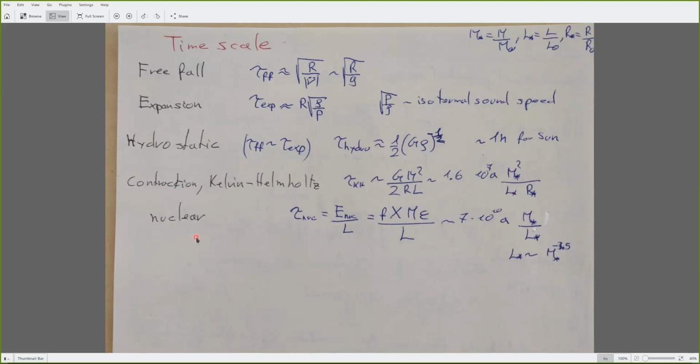The nuclear time scale is the one for which, with that reaction, we can produce the luminosity. So the nuclear luminosity, the energy produced by the nuclear reaction divided by the total luminosity. The total possible energy means the rate per second per mass, multiplied by all the mass of the star, by the fraction of the element.